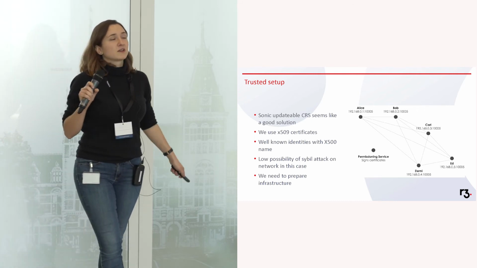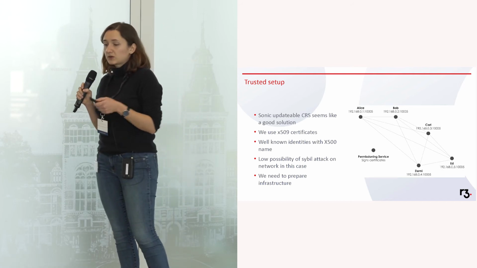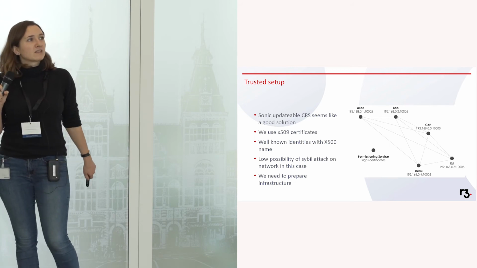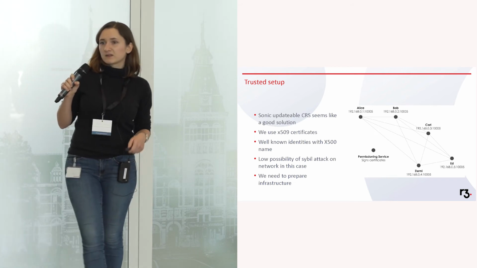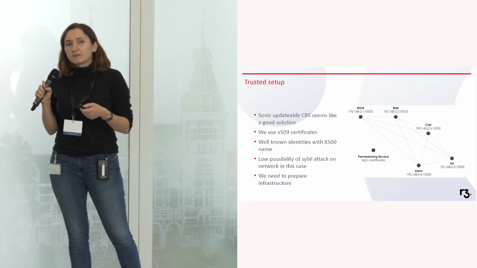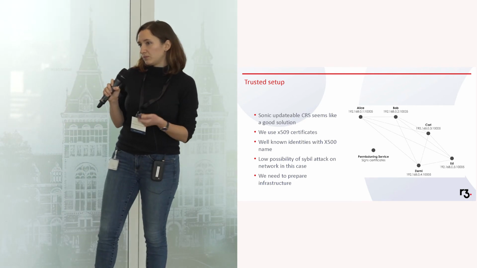Why is it so? Because when you want to join a Corda network, you need to go through the certificate authority. So we know that the participants in the network are well vetted. They will behave.